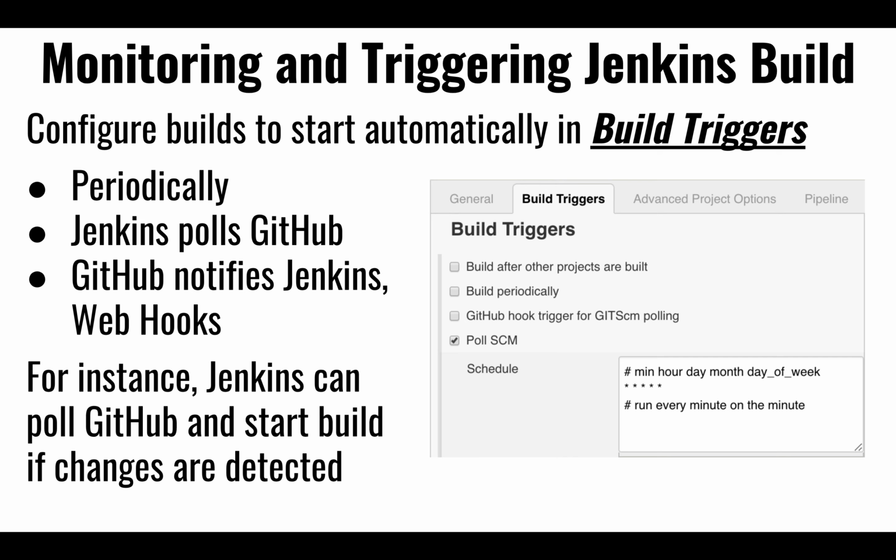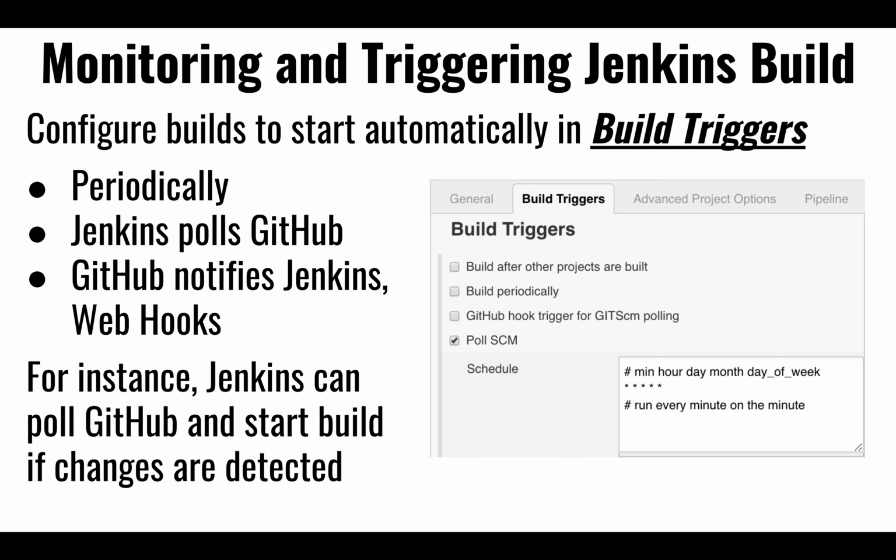The other alternative is to have Jenkins be notified, instead of Jenkins going out and polling and asking GitHub, hey, has anything changed since the last time? You can have it the other way around. You can have GitHub notify Jenkins and say, hey, Jenkins, somebody just submitted something. Kick off a build.